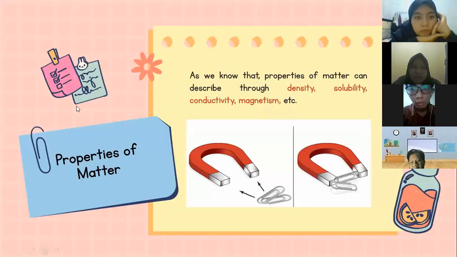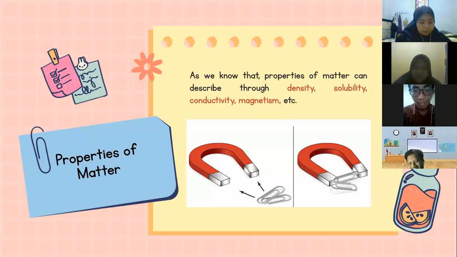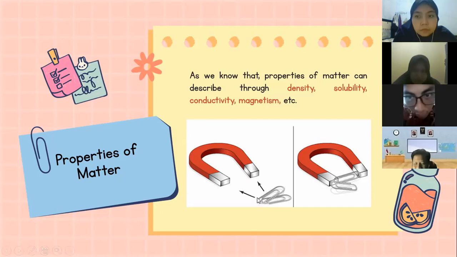Okay, now let's focus on the pictures here. Before we learn about the new topic, do you remember what material we studied last week? Properties of matter. Okay, good, Baim. Now we're going to do a review here. I have 2 paper clips here. The paper clips are matter.